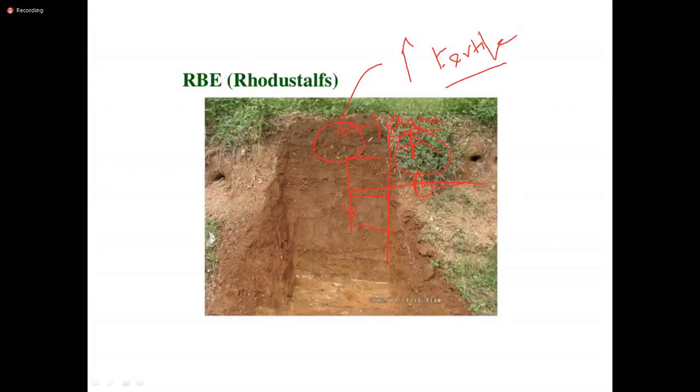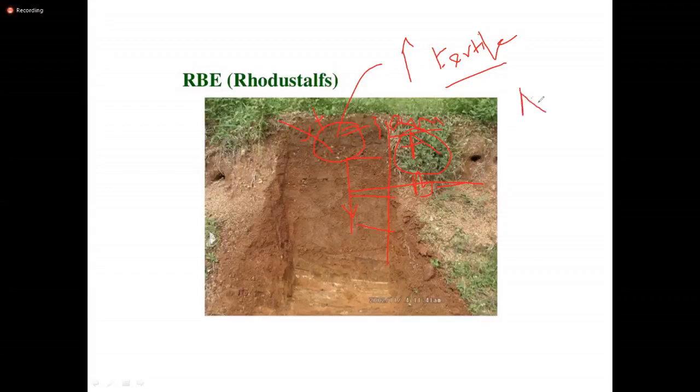So in crop production, the topsoil is very important. Also, when we add organic matter, cow dung, everything, that also goes into the topsoil. Why?